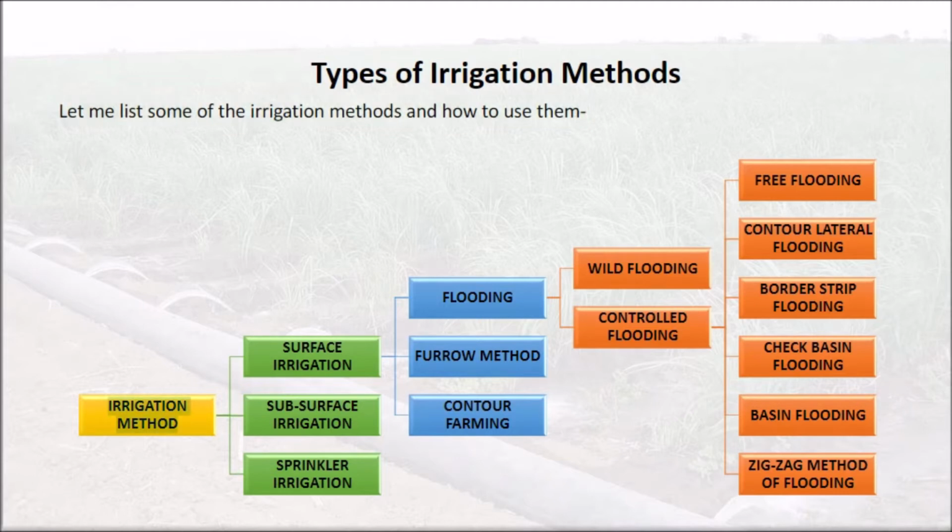Irrigation methods: surface irrigation, flooding, wild flooding, controlled flooding, free flooding, check flooding, border strip flooding, check basin flooding, basin flooding, zigzag method of flooding, furrow method, contour farming, subsurface irrigation, sprinkler irrigation.